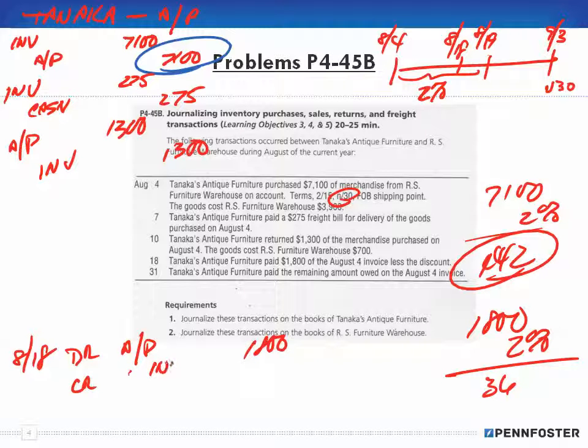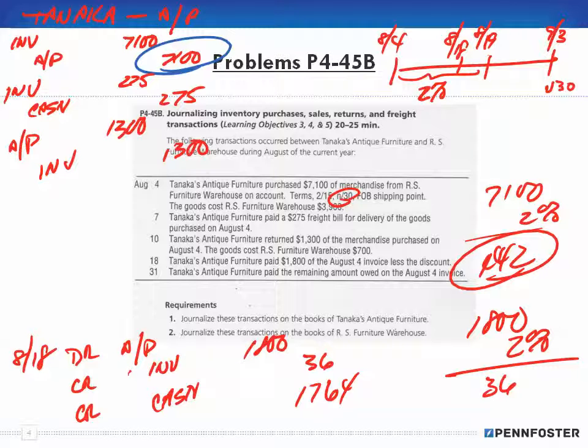inventory for the $36. And then of course debits have to equal credits, so I'm going to credit my cash for the difference between those two amounts, which gives me $1,764. That's how much cash they're going to pay in order to pay off $1,800 worth of their accounts payable.